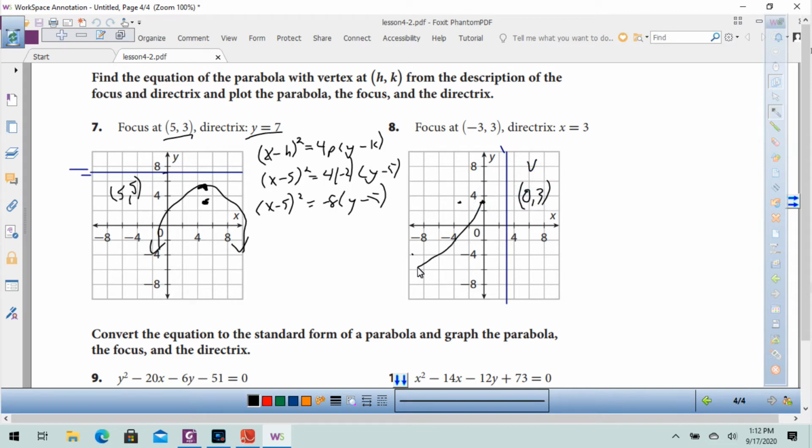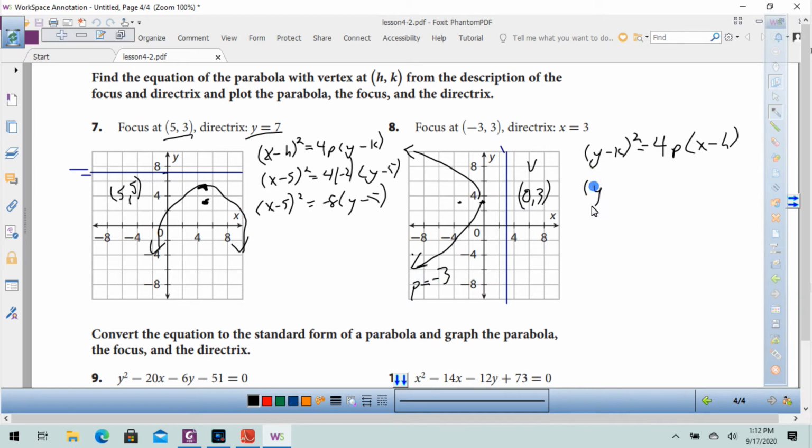And that means it's going to open to the left, because it always opens towards the focus. And we're going to use (y minus k) squared equals 4p times (x minus h). Well, what is our p? So we got 1, 2, 3. Our p is -3.